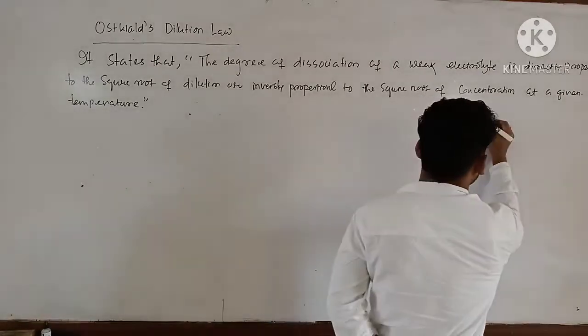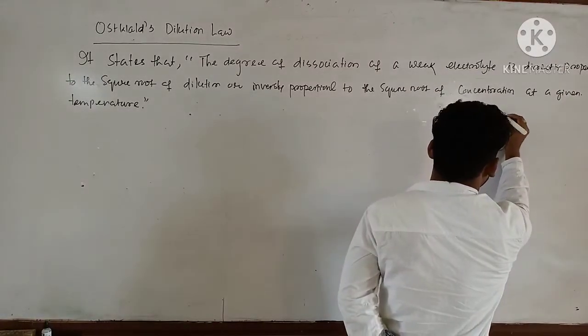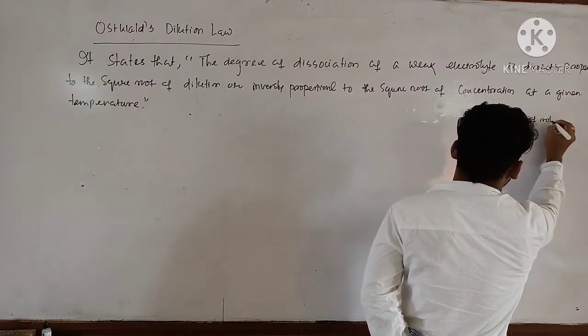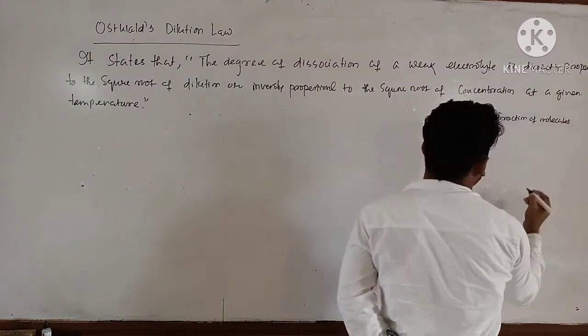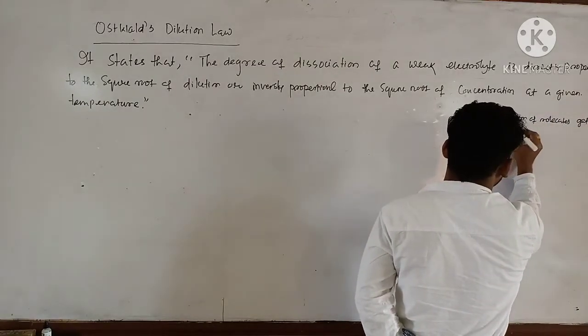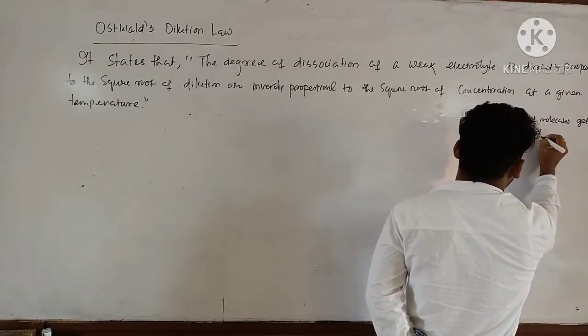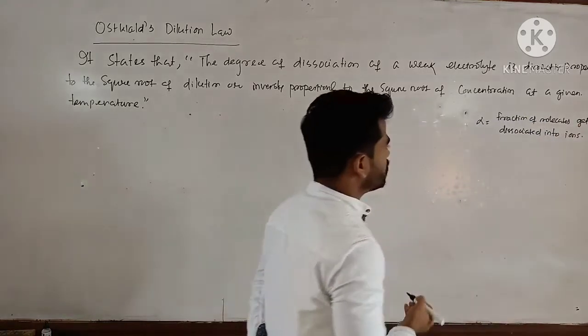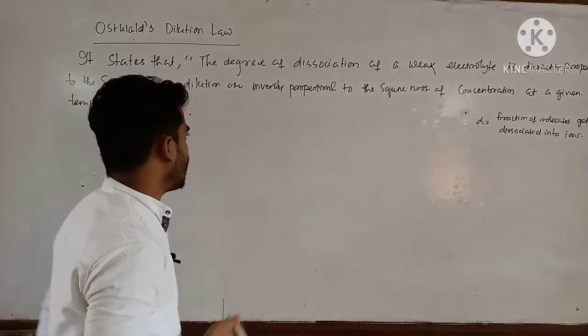The fraction of molecules that get dissociated into ions is called alpha.